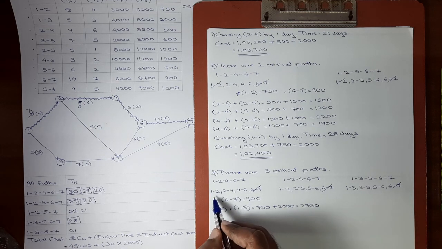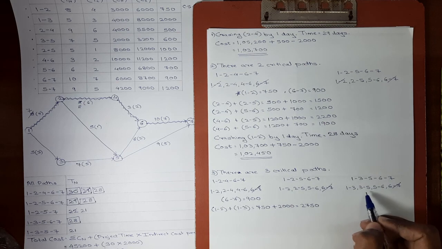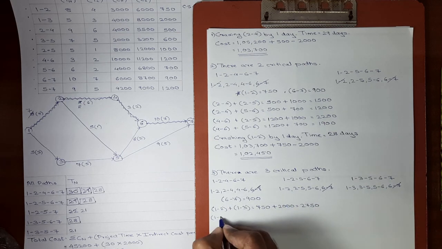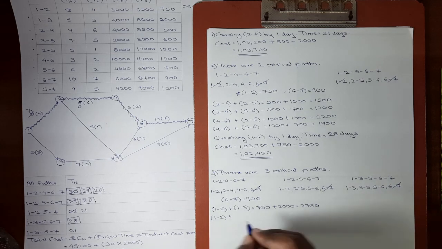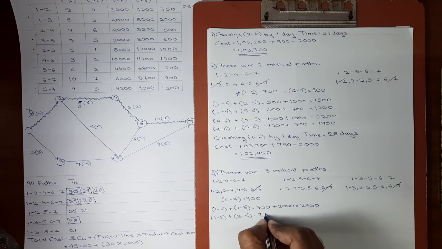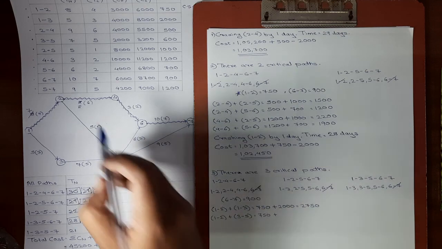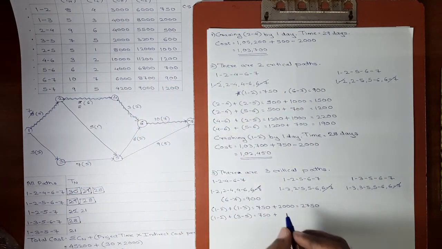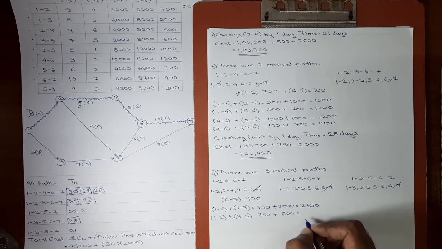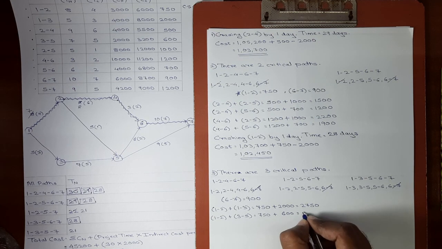So now it will be 1-2 plus 1-2 plus 3-5, but again 1-2 is repeated, so we'll take 1-2 only once and then we'll take 3-5. Cost slope of 1-2 is 750 and cost slope of 3-5 is 600. So the combined cost slope here will be 1350.